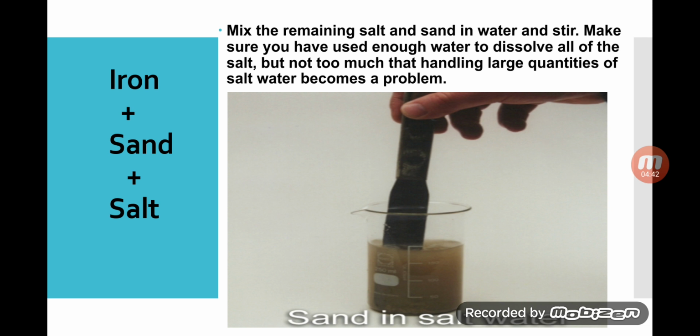Yes, my dear students, just use an appropriate amount of water to dissolve sand and salt, and you know that sand is not soluble in water. Salt will get dissolved in water, but sand remains either suspended over the water or settles down at the bottom of the glass.